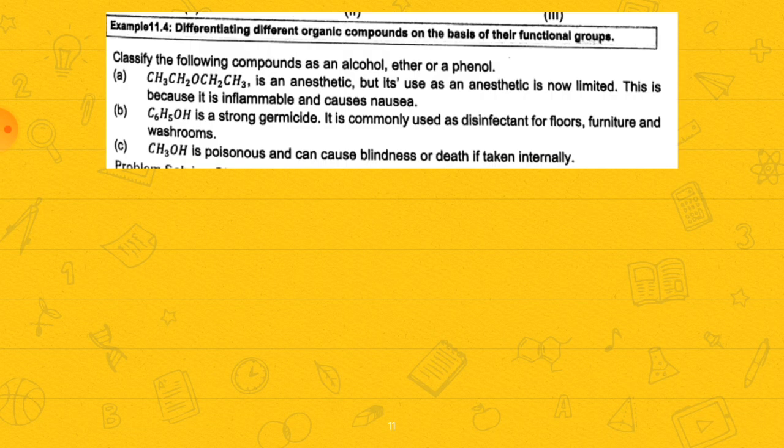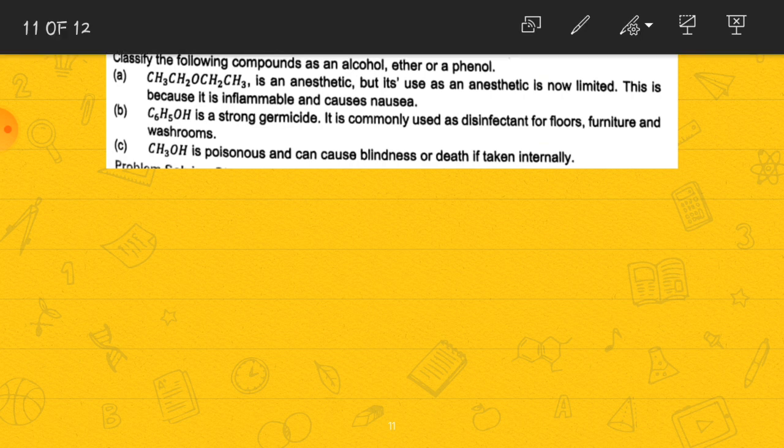Now let's do a self-assessment exercise. We have to differentiate different organic compounds on the basis of their functional groups. So first one, in this case, a condensed structural formula for a compound is given, and it is said that it is used as an anesthetic, but its use as anesthetic is now limited. This is because it is inflammable and causes nausea.